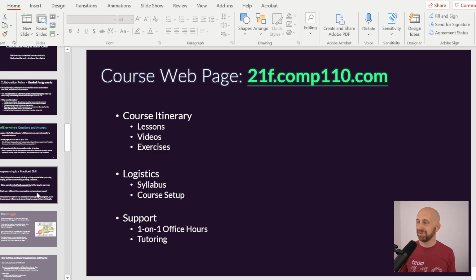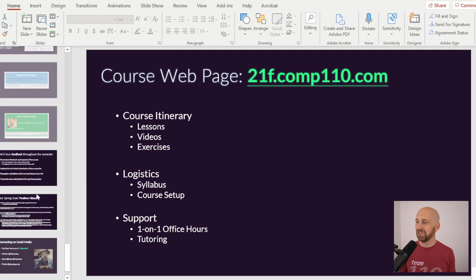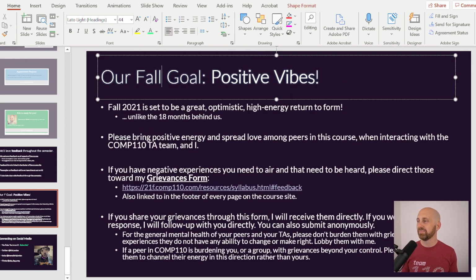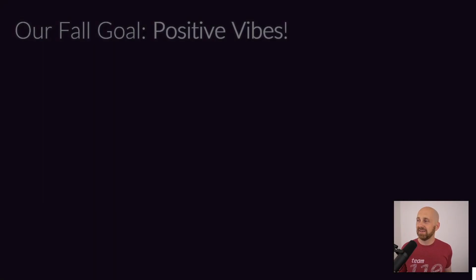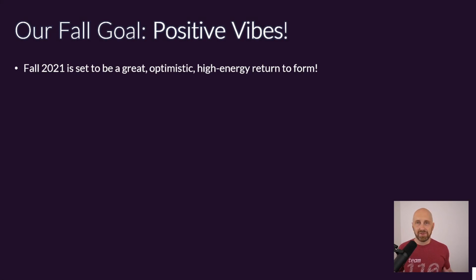You'll notice that some of the times I'll be making some changes live, is positive vibes. And what do I mean by this? Well, in the fall of 2021, we're hoping to be optimistic. I've been walking around campus, and for those of you who are part of Carolina Away, you've probably seen images of folks, friends on campus or from the university, and the energy is palpable.